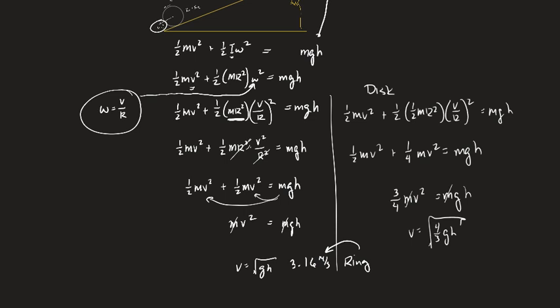So I get 4/3 gh, which doesn't seem like much, but that gave me 3.65 meters per second at the bottom, compared to the actual square root of 10, which is 3.16. Is that much different? It's different. Sure. Easier to turn a disc than it is to turn a ring, so it makes it to the bottom faster.